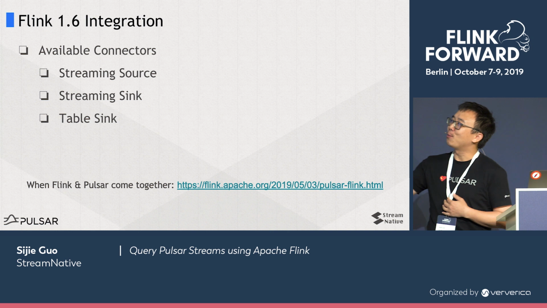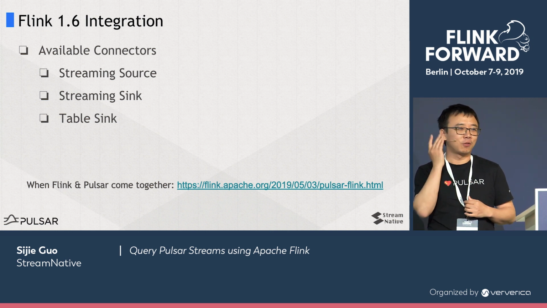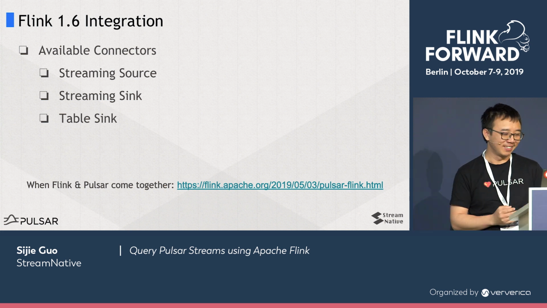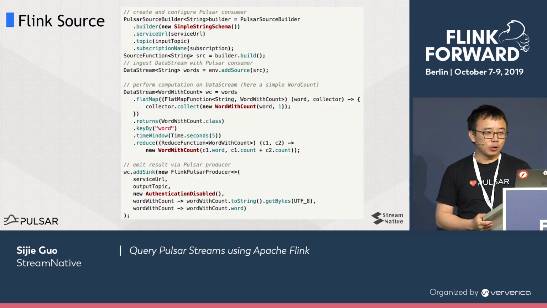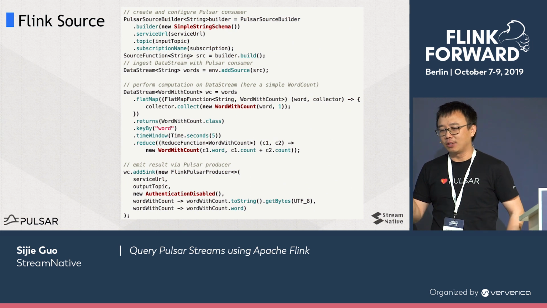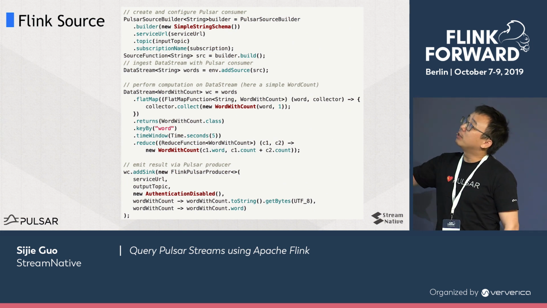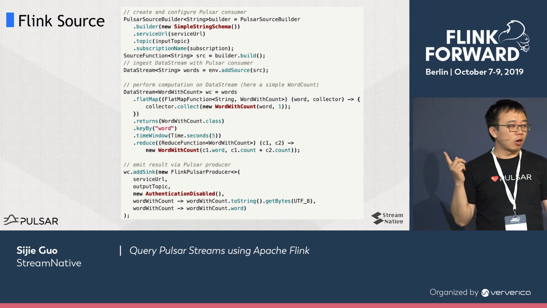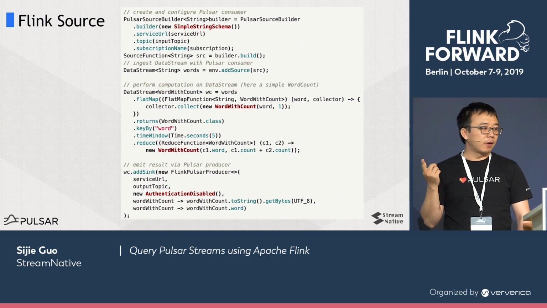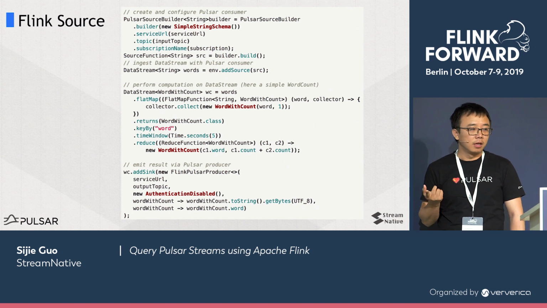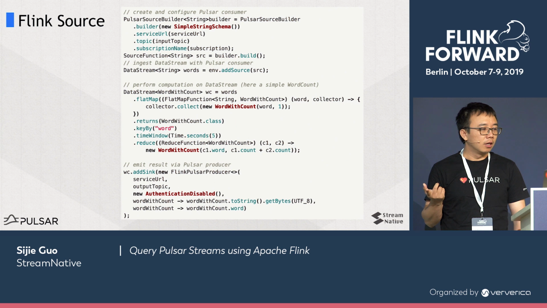We did have a blog post on Flink, and thanks to the Ververica team for helping with the blog post. To give you a quick idea of how the previous integration worked, you specify a Pulsar source, which specifies how you connect to the Pulsar cluster, and you specify the topic.